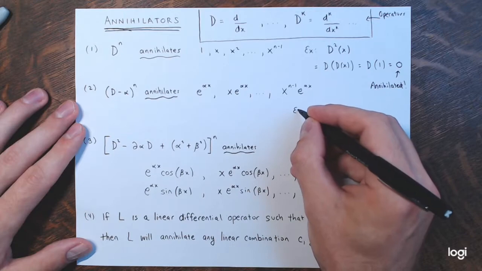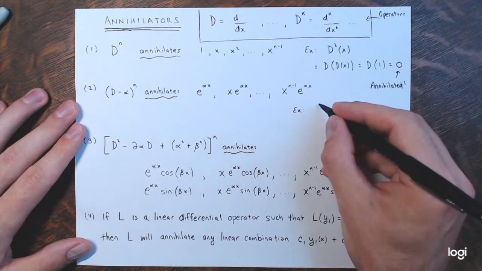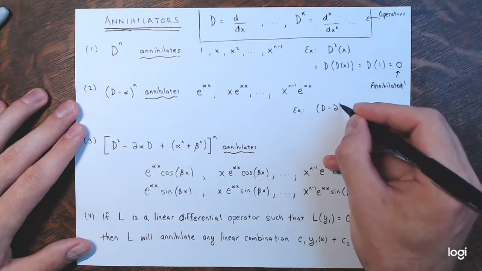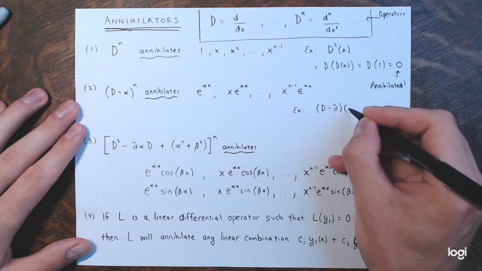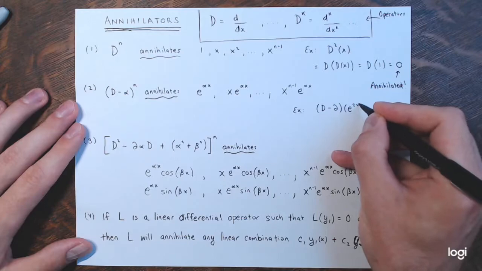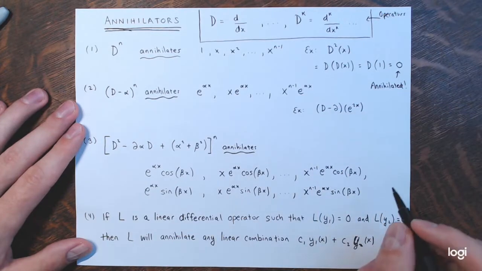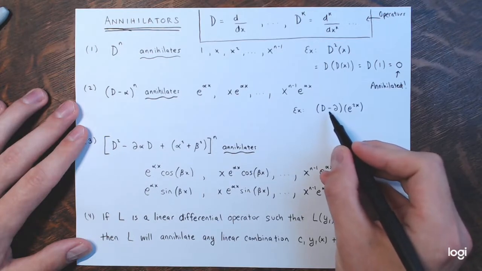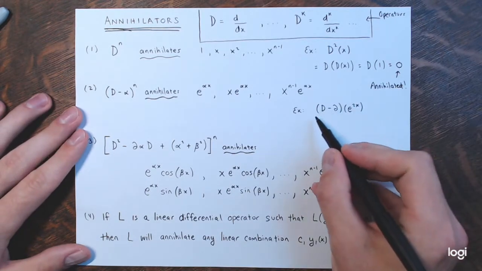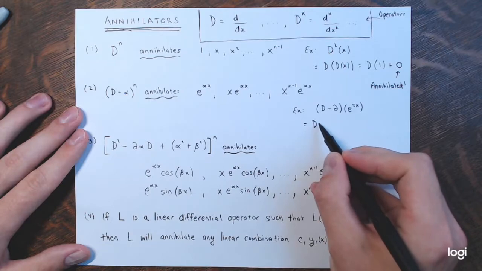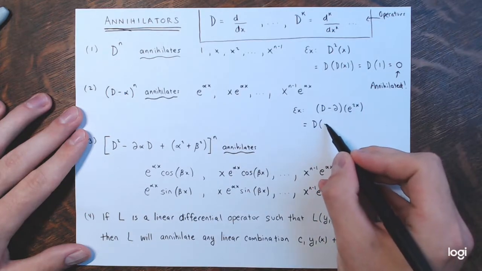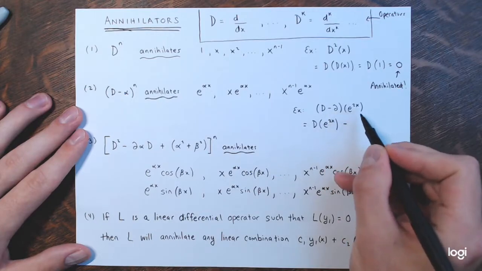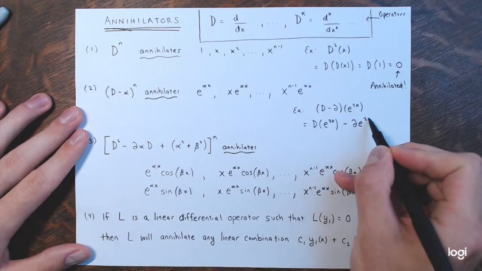And again, a quick example off to the side here. Let's apply D minus 2 to the function y equals e to the 2x. So again, you treat these operators almost like polynomials, really, and this is apply D to e to the 2x, and then subtract 2 e to the 2x and see what happens.